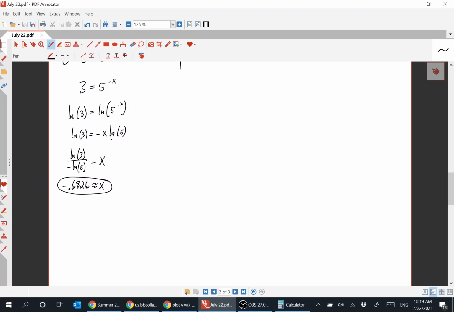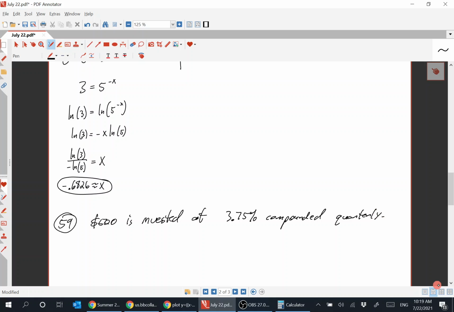So like in number 59, $500 is invested at 3.75%, compounded quarterly. How much is the investment worth after 1 year, 2 years, 10 years?